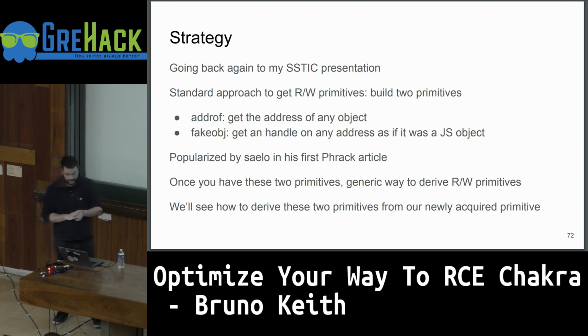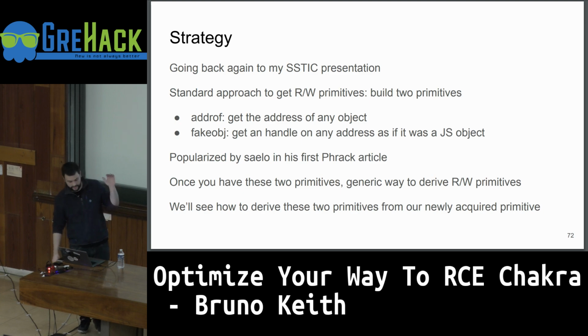So the strategy, going back to the presentation I gave at the STIC this year: the standard approach to get read-write primitives is that you have to build two primitives, which are address_of, which gets you the address of any object, and fakeObj, which, given an address, gets you a handle to that address as if it was a JavaScript object.